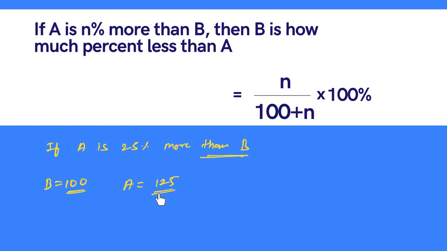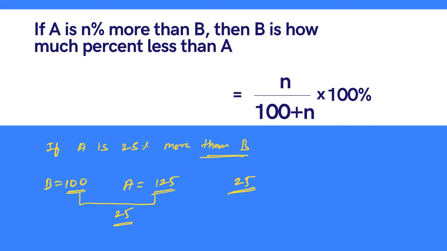So now the question is asking how much percentage B is less than A. B is less than A by 25. So I will put 25 here, and the reference value goes downside.